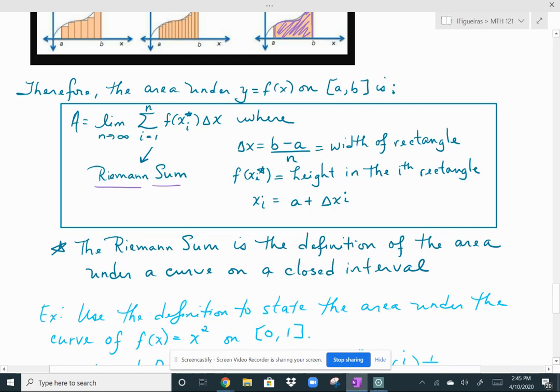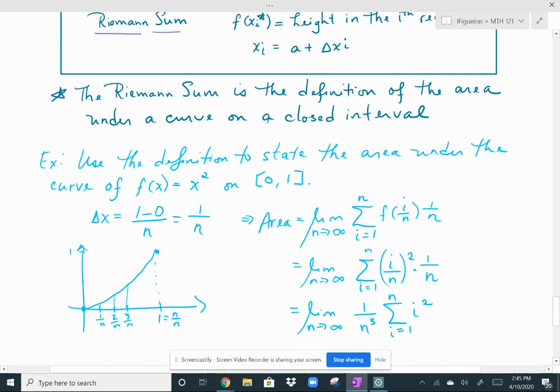So we're going to use the definition to state the area under the curve of f of x equal to x squared on the interval from 0 to 3. We're just going to state it based on what the Riemann sum says, but we're not going to actually evaluate it yet. Remember we have to compute delta x.